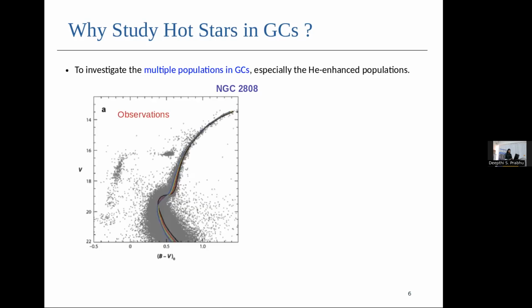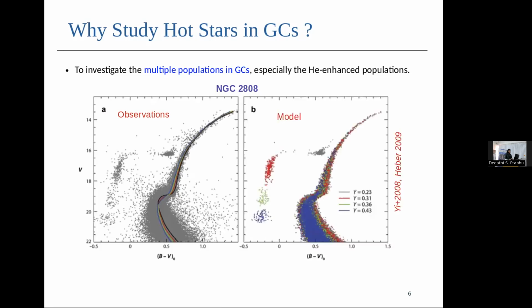Here is an observed color magnitude diagram of a globular cluster, NGC 2808, in optical. You can see that there's a huge spread in the main sequence, as well as a wide horizontal branch. When people simulated this horizontal branch, it was required to produce these features with multiple populations with variations in helium abundance.